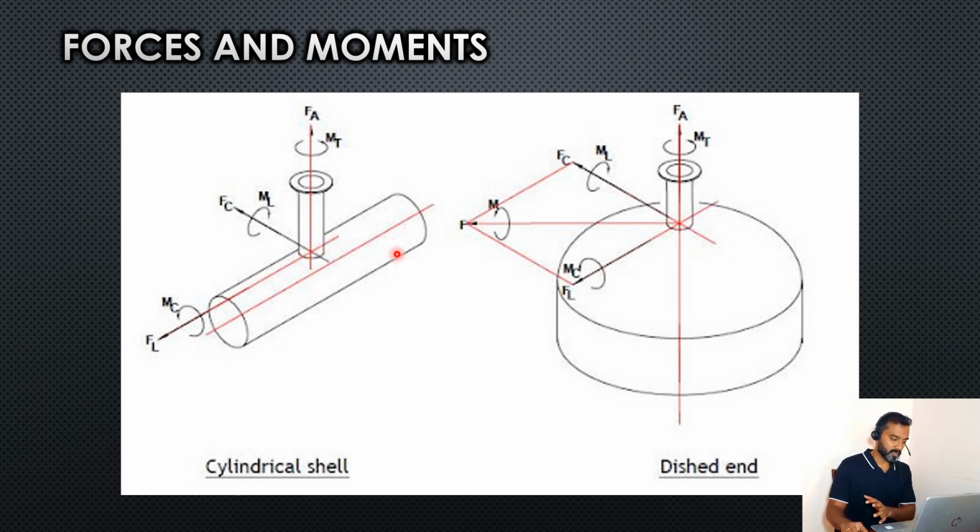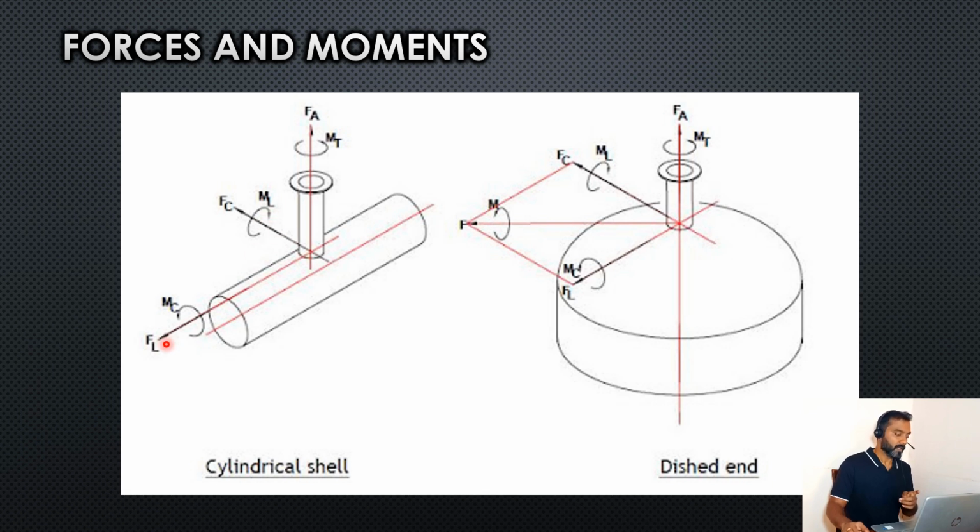See, this is a horizontal vessel. This is a vertical vessel. Okay, see here the nozzle. You have axial forces FA and FC and a longitudinal force FL. For moments, you have a torsional moment, a longitudinal moment, and a circumferential moment. So here you can understand. The longitudinal force is over here, but the longitudinal moment is over here.